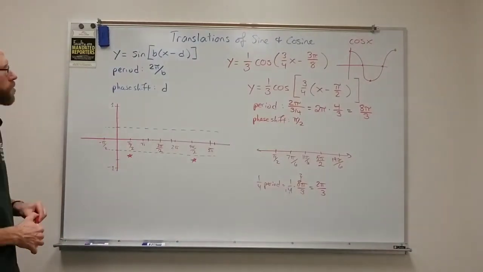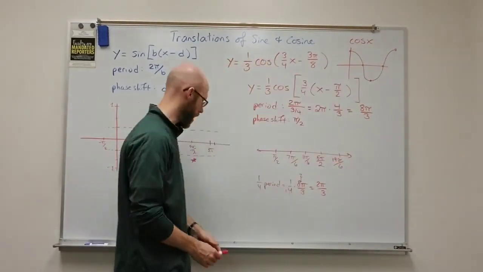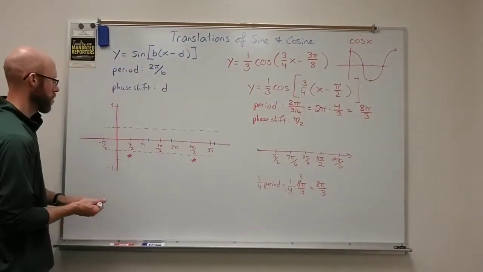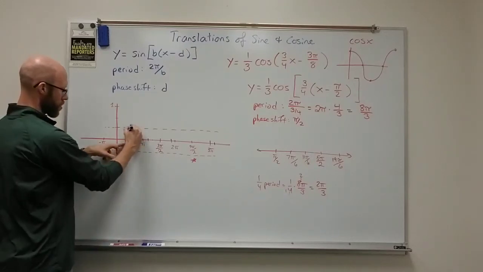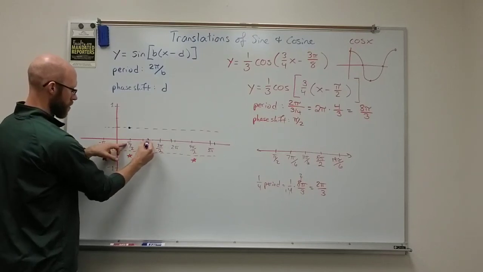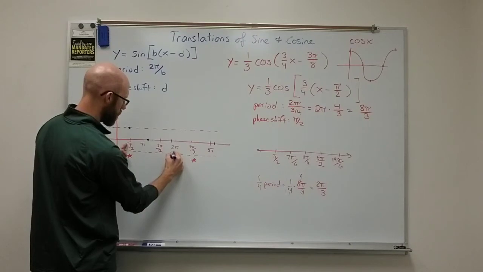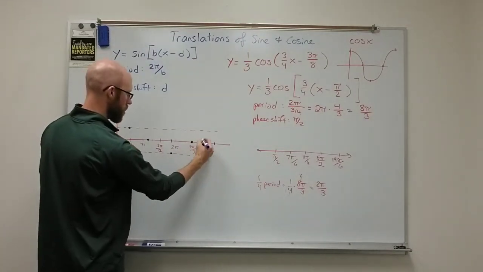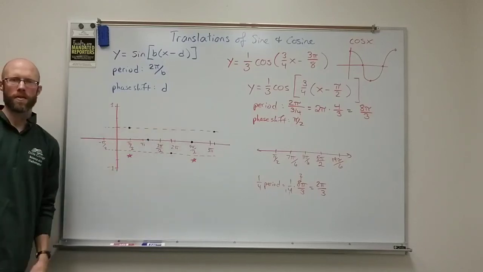Now remember, with the cosine, we start up on top, go down, and come back up to the top. So my 5 key points, the first one here at pi over 2 starts up at top at 1/3, then it comes down to the axis, then down to the bottom, then up to the axis, and then up to the top. Okay, so that should give me my 5 key points.